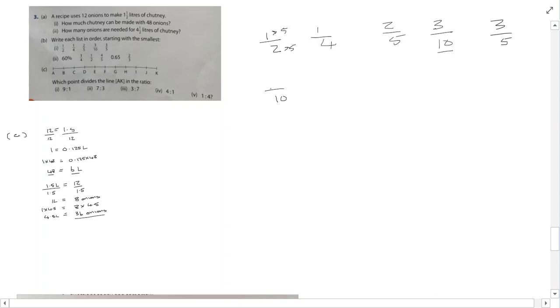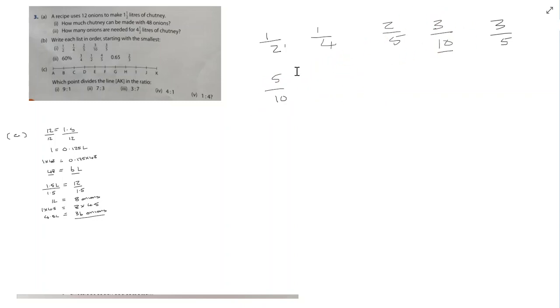So that will give us 5/10. What we've done is take this fraction, multiply the bottom by 5 to change it to 10, and multiply the top by 5, and that changes it to 5. So we can compare this fraction and this fraction because they have the same denominator. Now we have to do the same with them all.